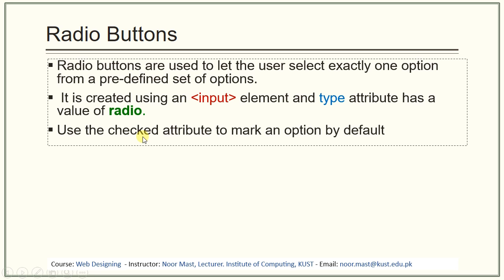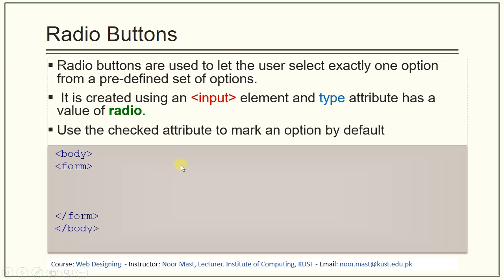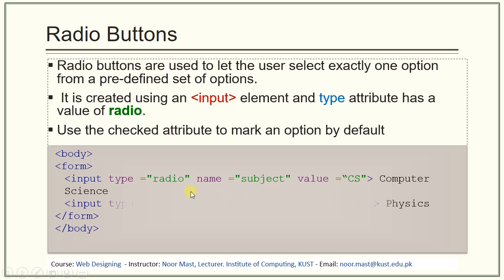The checked attribute is used to assign a default value for the radio button. Now look at these codes. Here we want to create two radio buttons. So this is the first one, type radio, name subject. This is the second one, type radio, name subject.